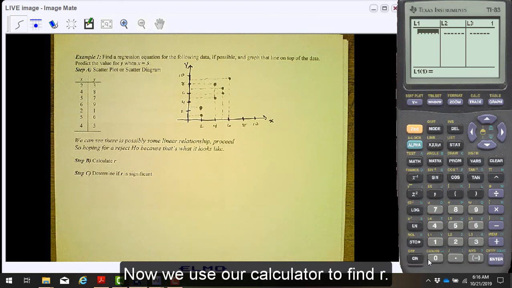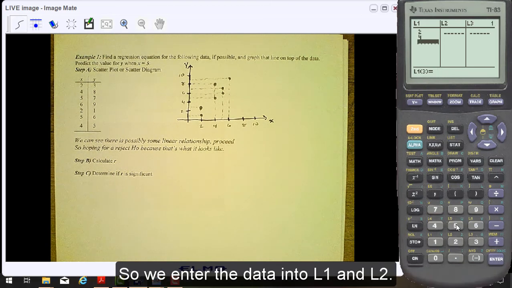Now we use our calculator to find R. So we enter the data into L1 and L2.